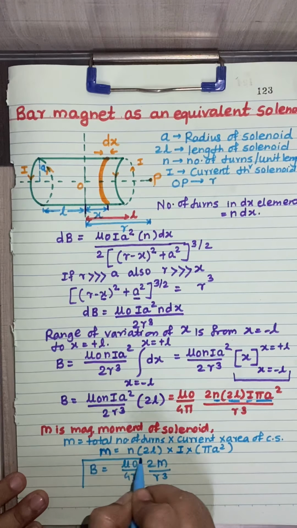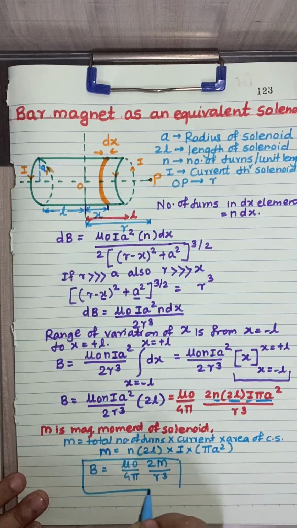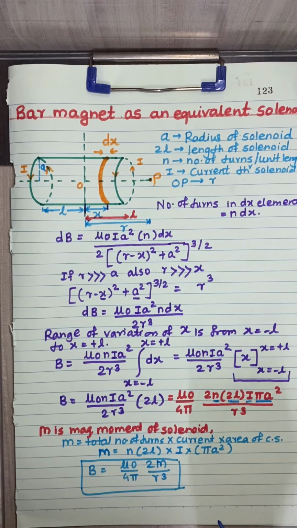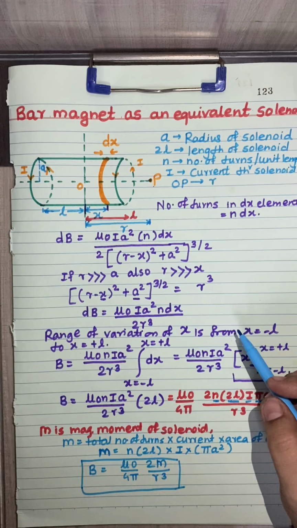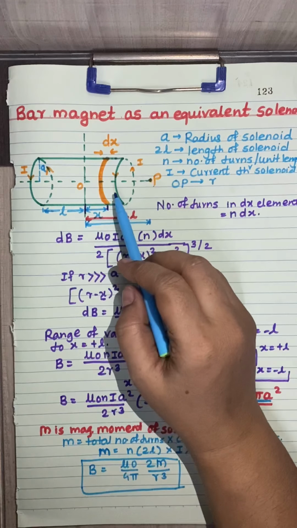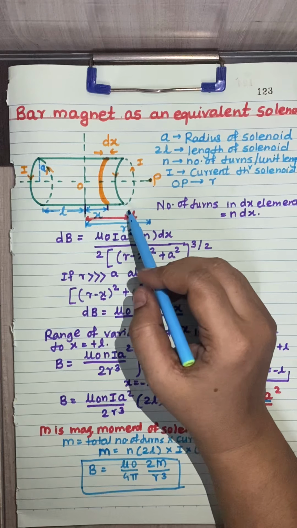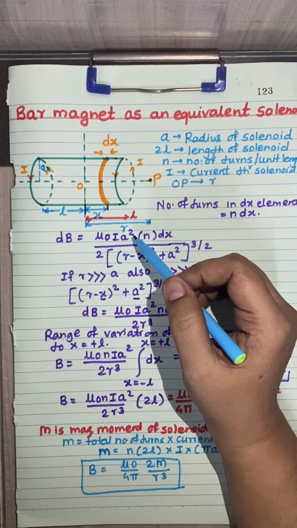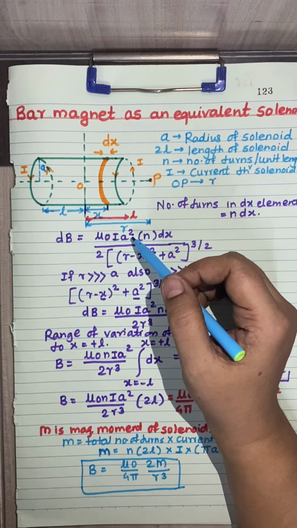Okay, so this is the expression for the magnetic field on the axial line for a short bar magnet. Okay, thus the axial field of a finite solenoid carrying current is same as that of the bar magnet, and therefore for all practical purposes a finite solenoid carrying current is considered as equivalent to a bar magnet.